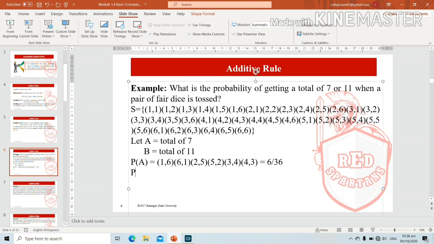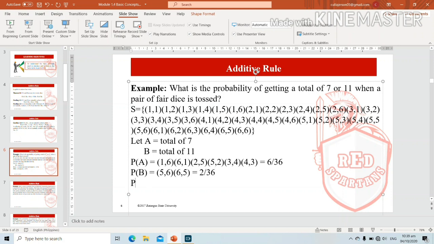Ngayon naman, ano ang probability na ang lalabas ay total of 11? Ang total of 11 natin ay 5,6 at 6,5. May dalawa lang tayo, kaya siya ay 2 over 36. May intersection ba? Pwede bang sabay lumabas ang total na 7 at 11? Hindi pwede.